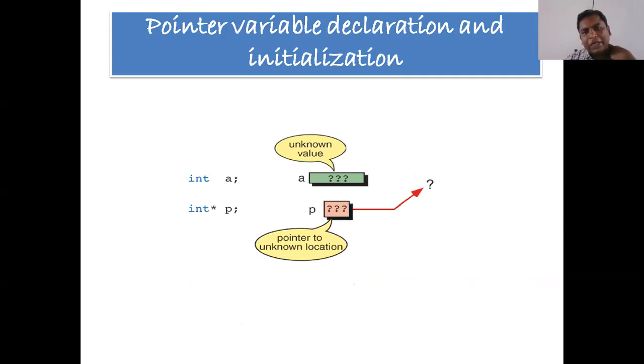Now, let us try to understand how things are happening in the compiler. Initially, if we declare int a, there is no value. Which means the compiler will allocate a memory location and name it as a, and initially it has no value, but it has the address.